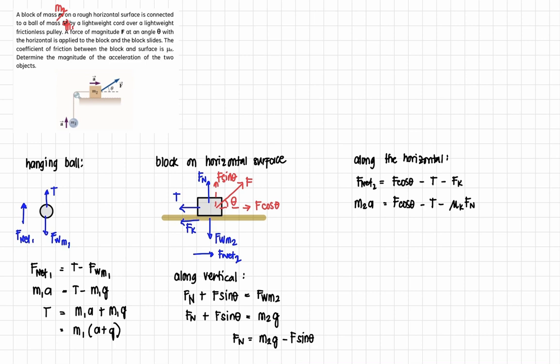But we have here the tension, and we have here the expression for it, so we can substitute that. So we will just use the first one. We will not factor out m1.